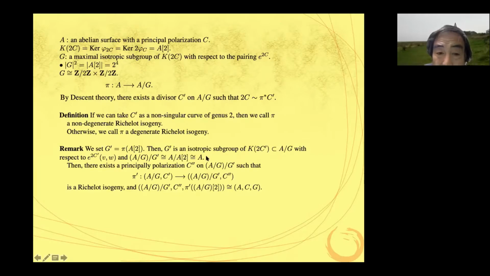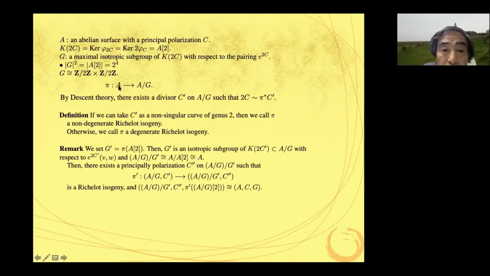So this is isomorphic to A. And we can also take an isotropic subgroup here. So finally, we return back to the original one.